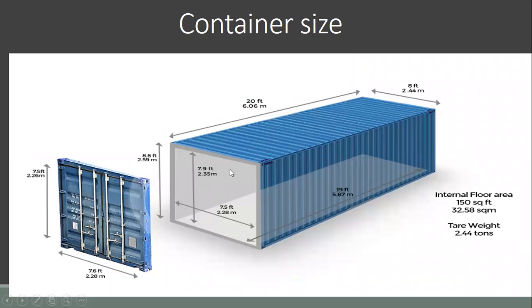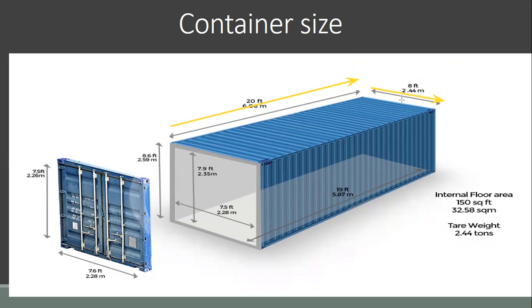You can see on the screen the 20 feet container dimensions. This side is the 20 feet length, this is the back side, the gate, and this is the closed side of the container.